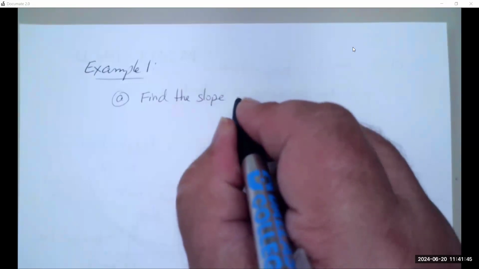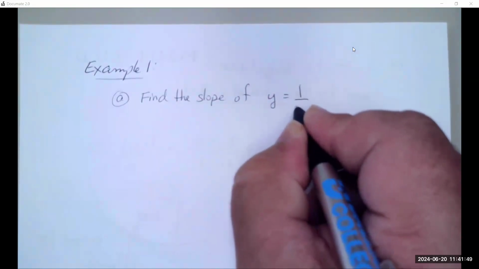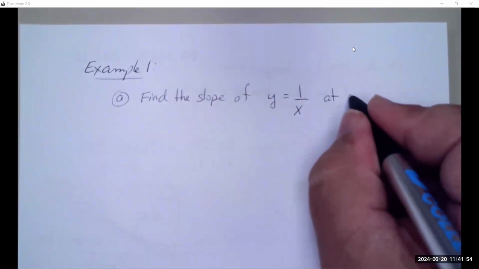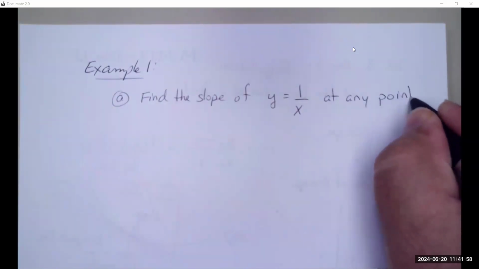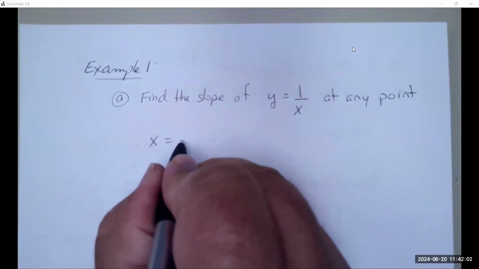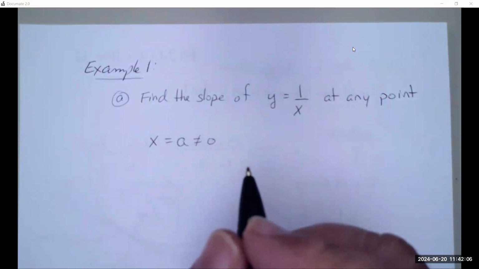Find the slope of the curve y equals 1 over x at any point x equals a, as long as a is not equal to 0.